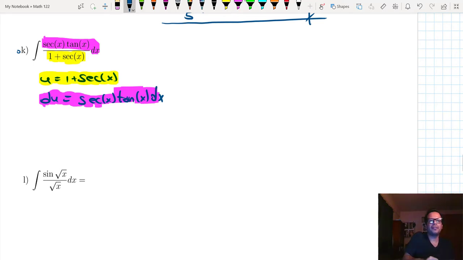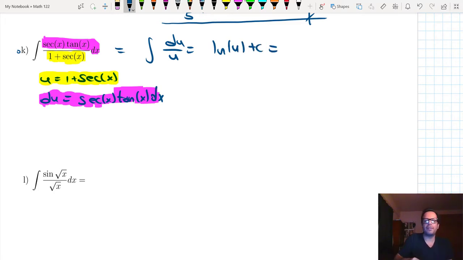So this will be the integral of du over u. And what's the integral of du over u again? That's ln of u plus c. Just going back, substitute. What are we going to get? ln of 1 plus secant of x plus c.